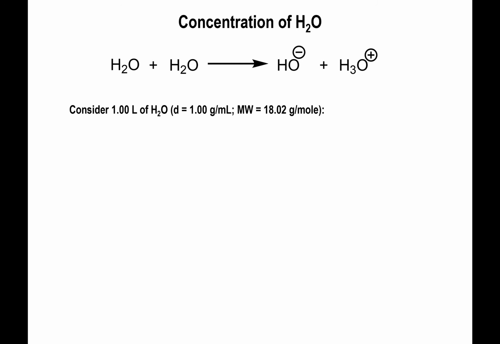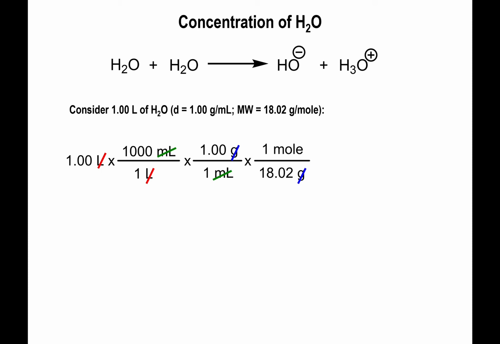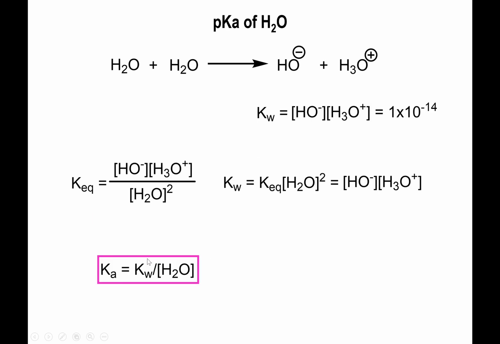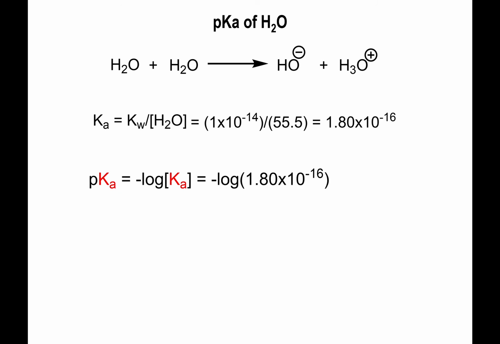We already found out that the concentration of water, if you do the calculation, as I'm kind of fast passing right here, is overall 55.5 molar. If you divide the Kw by the 55.5 molar, we end up finding out that the Ka has a value of 1.8 times 10 to the negative 16. And if you take the negative log of that number, you find out that the pKa of water is 15.7, exactly what the table tells us.